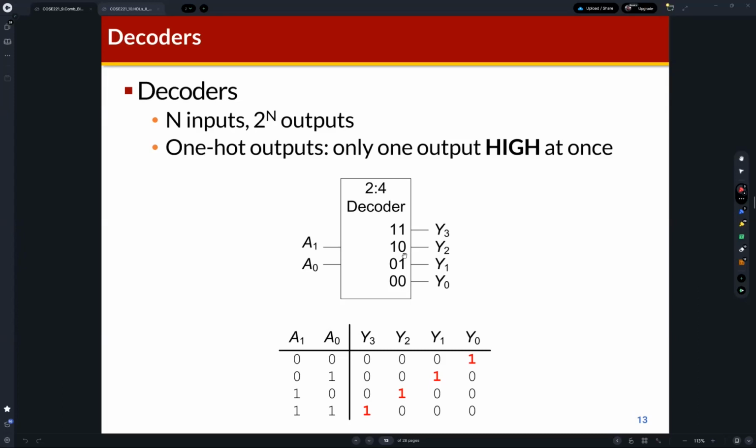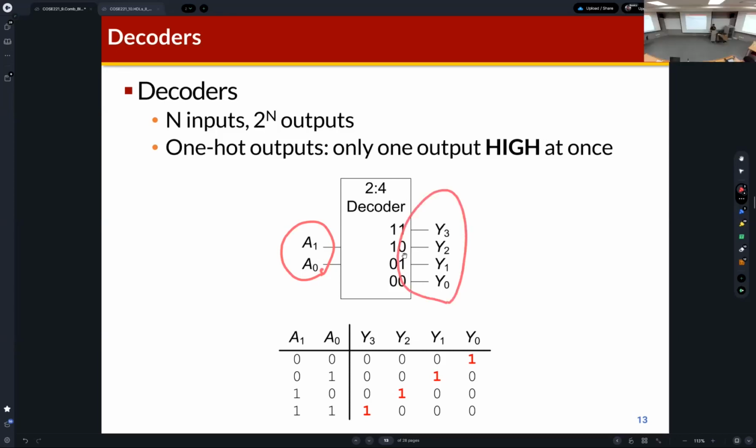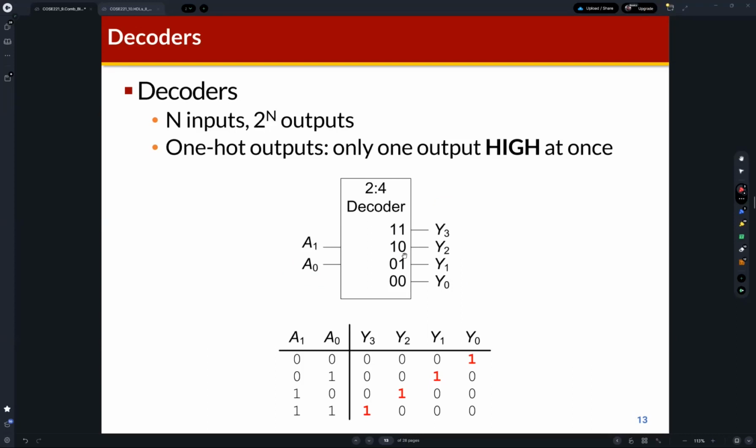If we look at this decoder, we can see that it has multiple inputs and multiple outputs. If a decoder has n inputs, then it will have 2 to the power of n outputs.